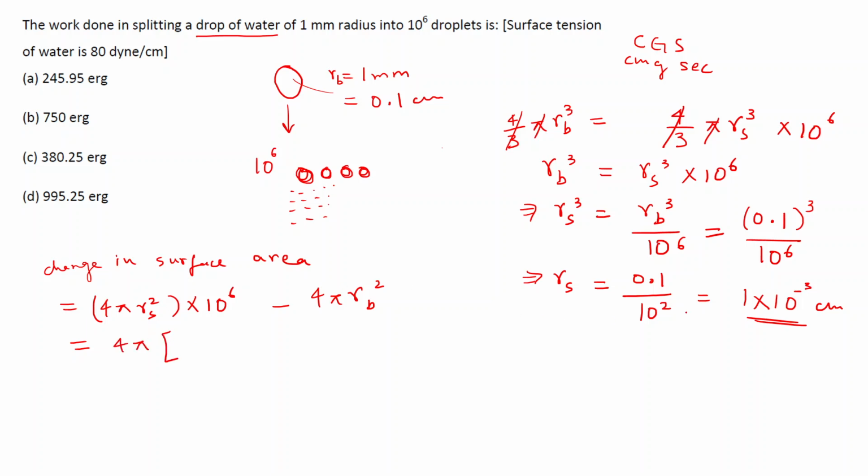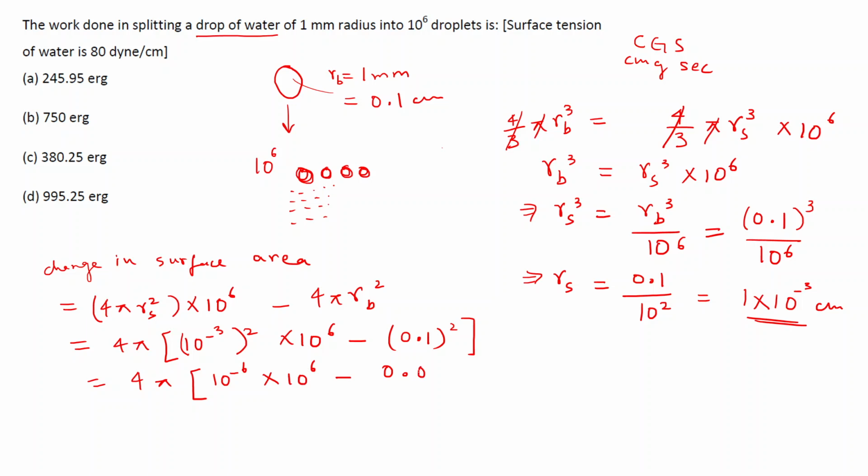The final we'll get 4 pi. This r s square is 10 to the power minus 3 squared, times 10 to the power 6, minus, with 4 pi taken out common, r b square, 0.1 centimeter squared, 0.1 square of this. This will be 10 to the power minus 6 times 10 to the power 6. Okay, this is 0.01.